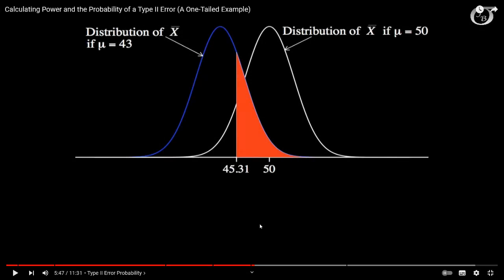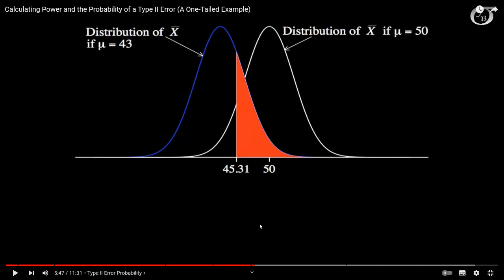So then there's a chance that they'll fall to the left of 45, and then you'll reject it, or there's a chance that those 10 samples from the blue distribution will fall to the right of 45, and then you will not reject your null hypothesis, because your hypothesis is that white line, which is your question.